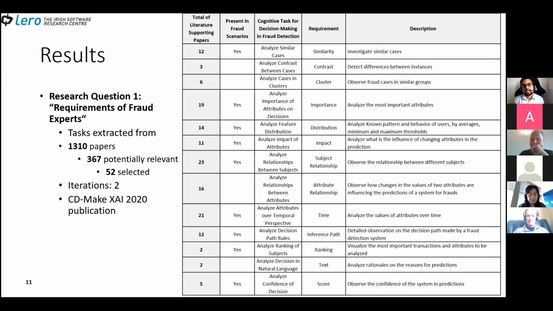Then I found, out of the analysis of those papers, 13 key tasks. I also added the requirement derived from each task to generalize its meaning for fraud analysis. The importance of those tasks is that they are essential for my research, as they reflect the real decision-making process of fraud experts.